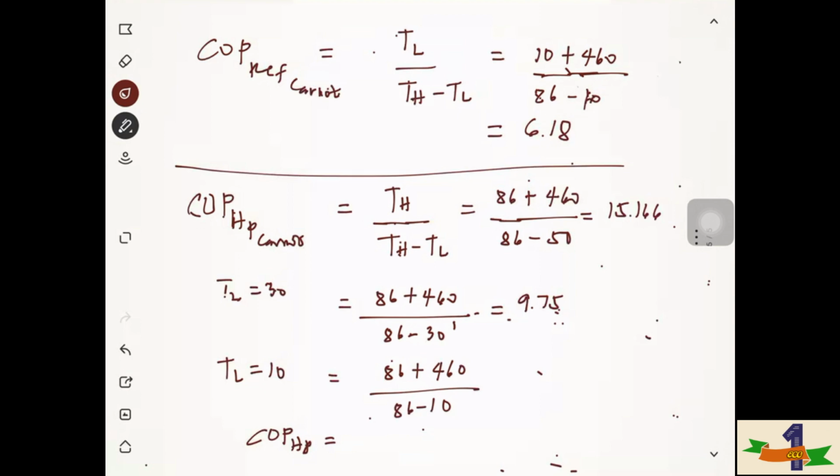Okay, that's a simple example of the computation for the reversed Carnot cycle, considering the two devices, that is the refrigerator and the heat pump.